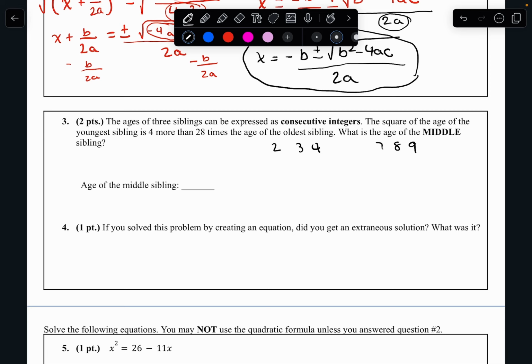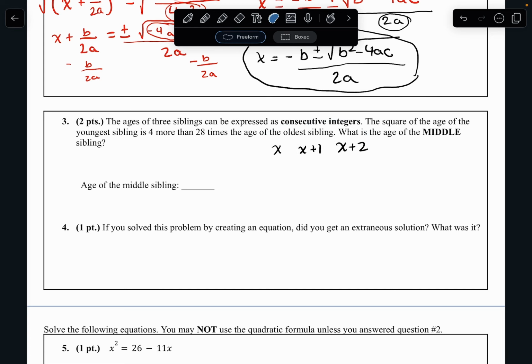If these were unknown consecutive integers, then a way to show that they're consecutive would be to say, I don't know who is the youngest one, but I'm going to let the youngest one be x. So then the next one must be x plus 1, and then the next one has to be x plus 2. Right? So that's what we're going to do in this problem.